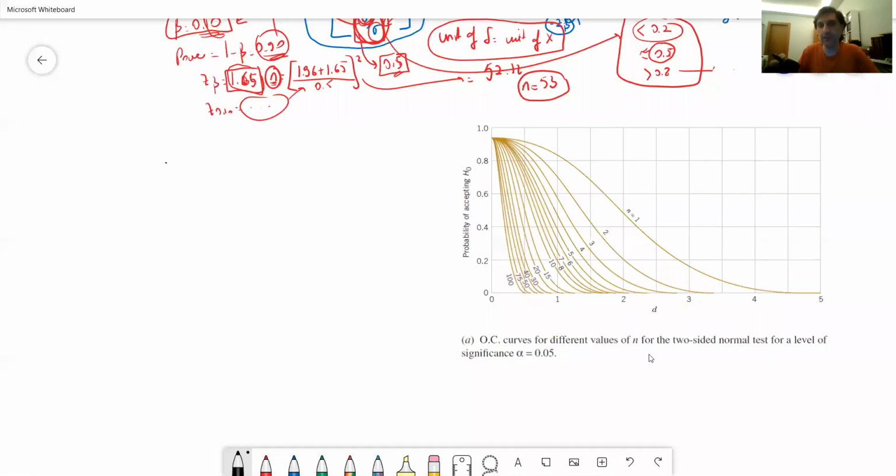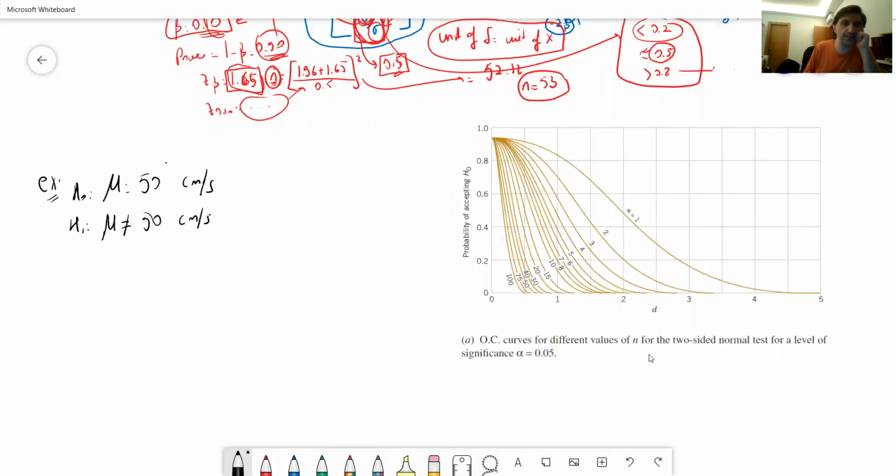Now I would like to solve a question from your textbook. Let's say that we have a rocket propellant, and the rocket specification requires that the mean burning rate should be equal to 50 centimeters per second. All right, so H0 is the null hypothesis, this one, and this is our alternative hypothesis.